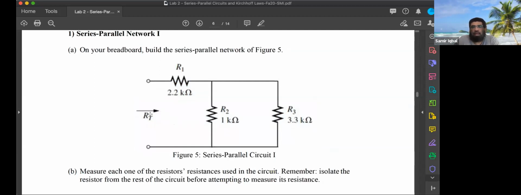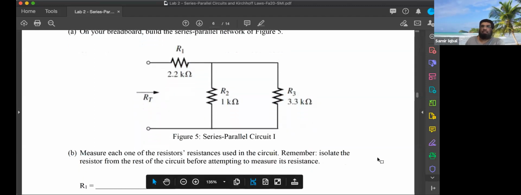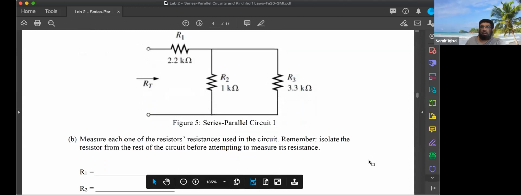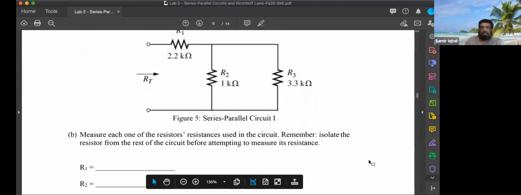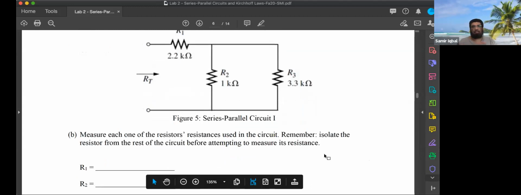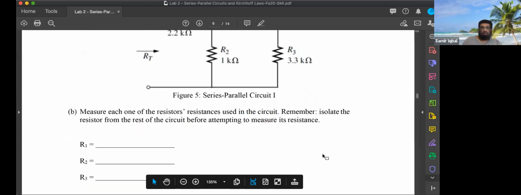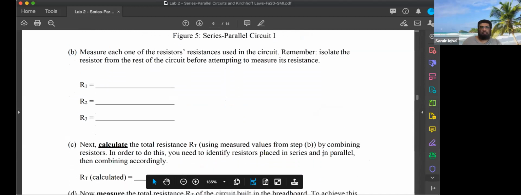But right now when you make it, we have a bunch of things where we have to measure the resistances using a multimeter, right? But you have to be careful. You have to isolate one resistance from the other resistances so you don't get any grounding effect there. You get your resistances.